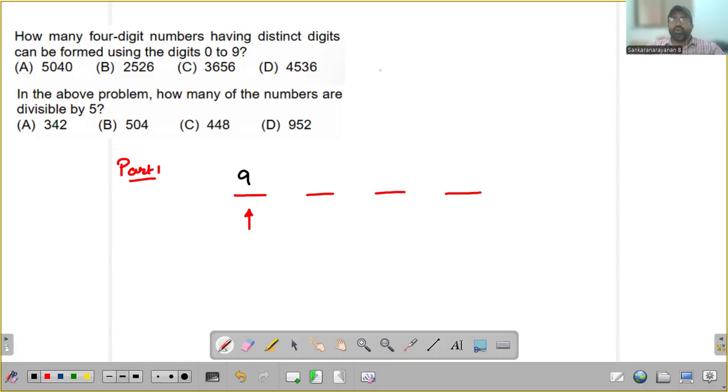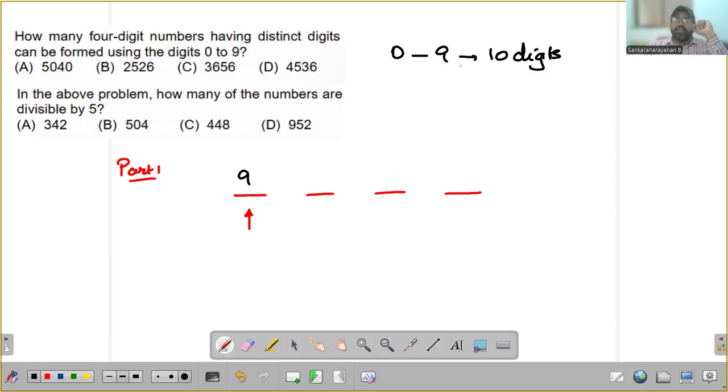So 1 digit is gone. I don't know which digit it is, but out of the 10 digits from 0 to 9, 1 digit is used, and now you are left dealing with 9 digits.